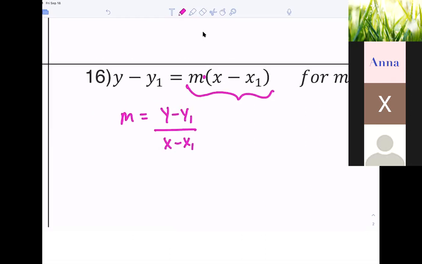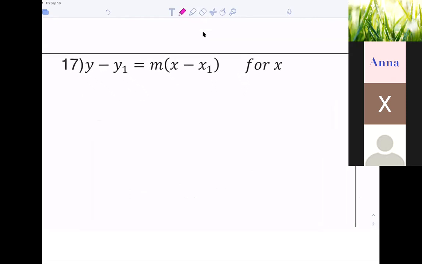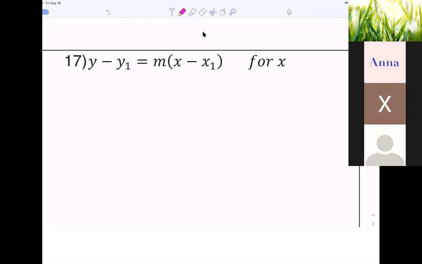Here we go. 17. Let's find 17. Oh boy. We got a tough one here now. You solve for X. You're solving for x, so we got to highlight x. All right. No, x is different than x1.